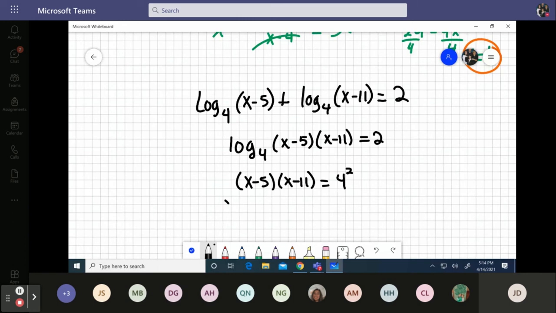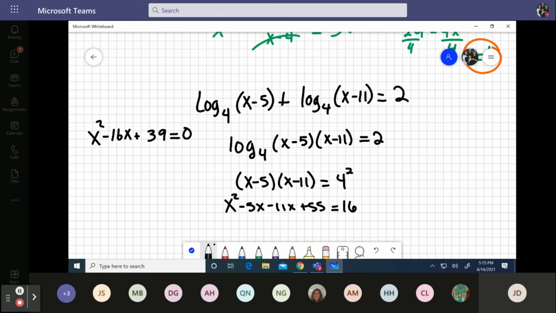So we've got x squared minus 5x minus 11x plus 55 equals 16, minus 16x plus 29 equals 0.